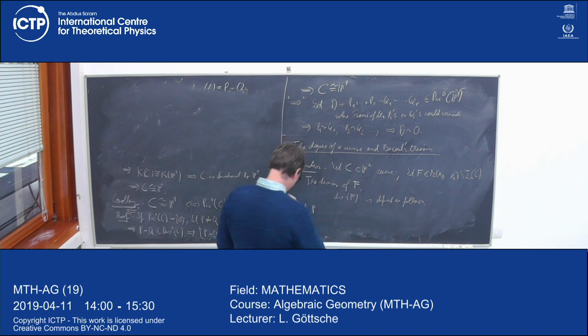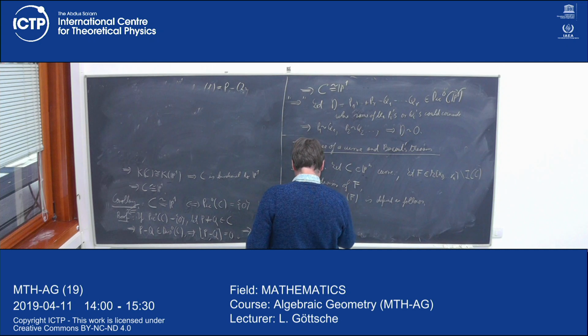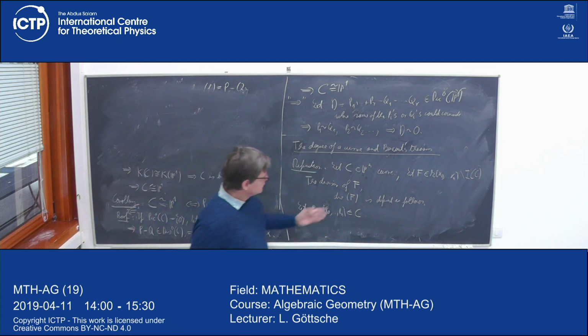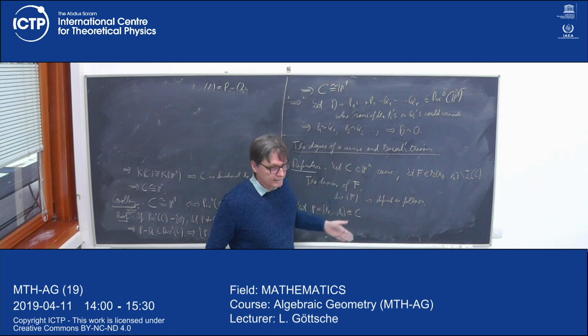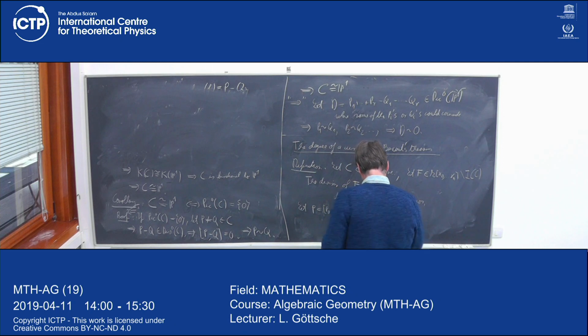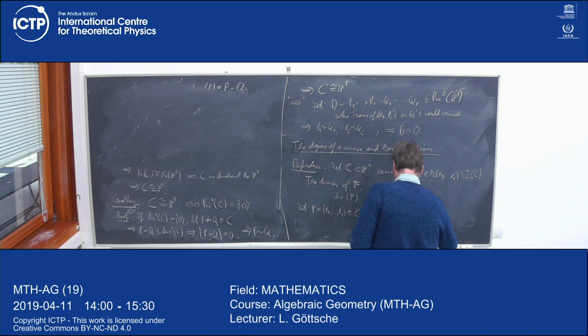So we take any point P in the curve C, and I write down the coordinates of the point, P0 through Pn in C. It will lie in one of these open subsets, one of the UIs. So choose an i with Pi different from 0.